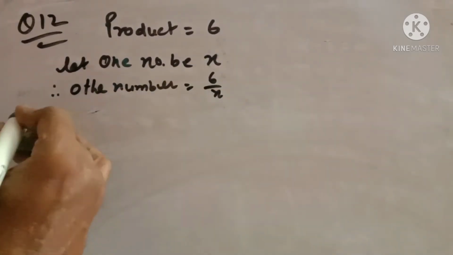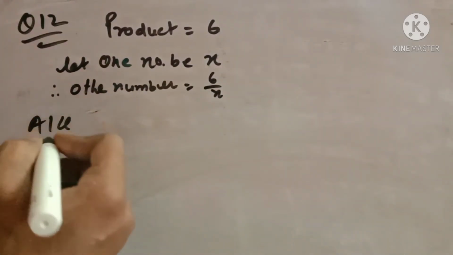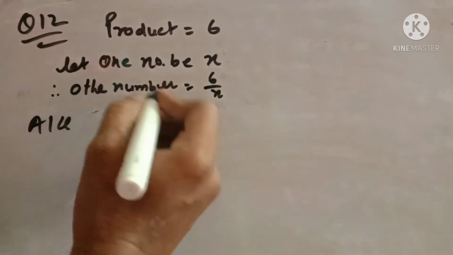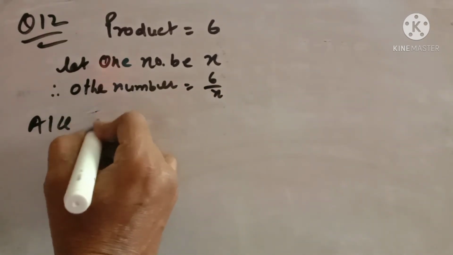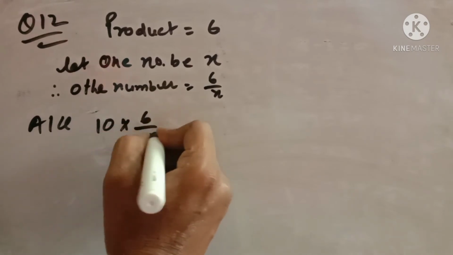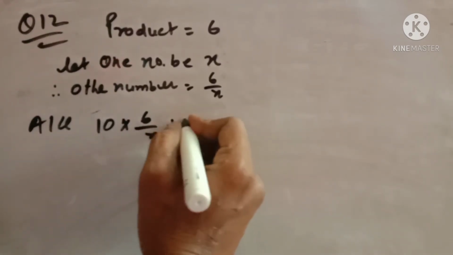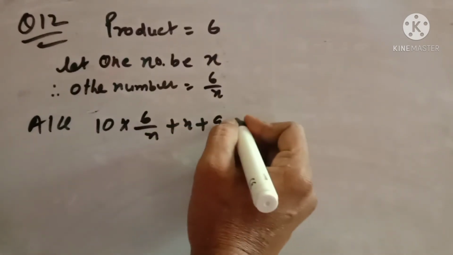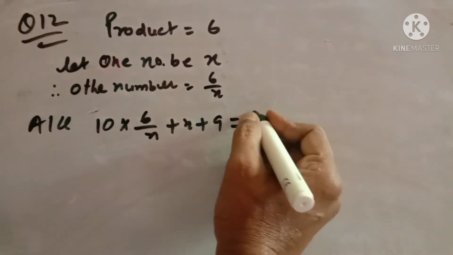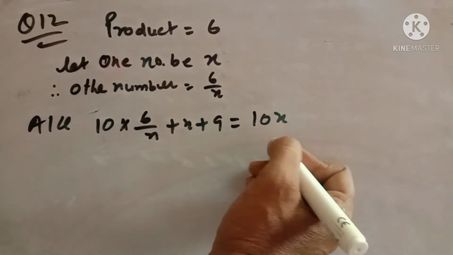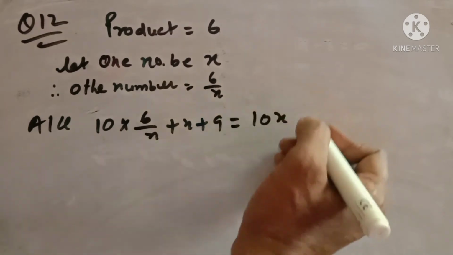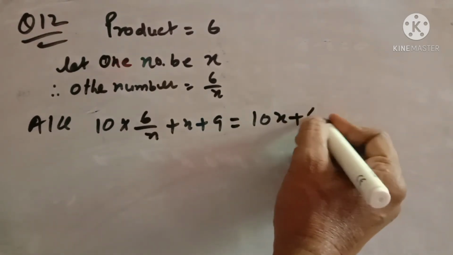So according to the question, I can write 10, because of the tens place, 10 into 6 by x plus x. If 9 is added, the digits interchange, meaning 10x: the ones place will come to tens place and the tens place will go to ones place, plus 6 by x.